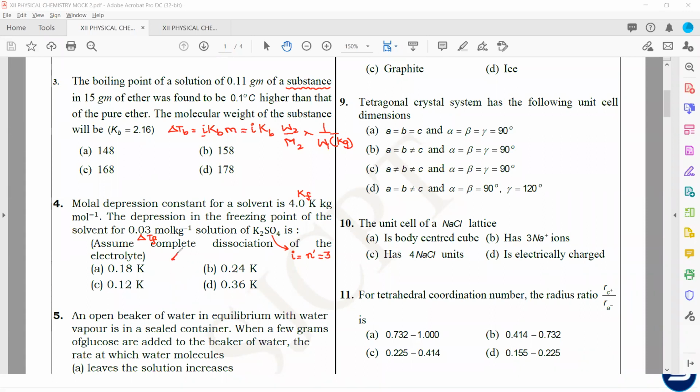Now the formula is delta Tf equal to i into Kf into m, which will be 3 into Kf into m. Clear? So it's simply 3 into 4 into 0.03, which is 0.36.